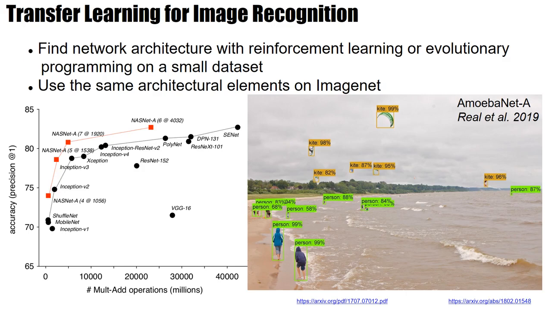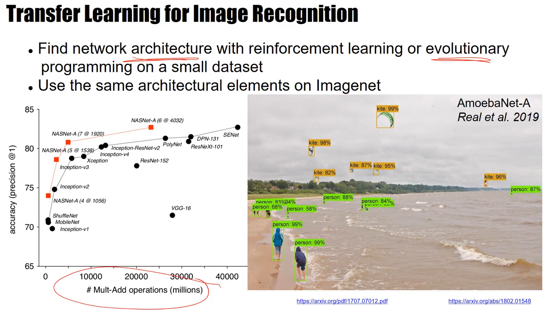Now here's a graph of performance over the years, compared also to the number of operations. And for the more recent networks, the network architecture was in some structures not optimized by hand, but really by reinforcement learning or evolutionary methods on a smaller data set.